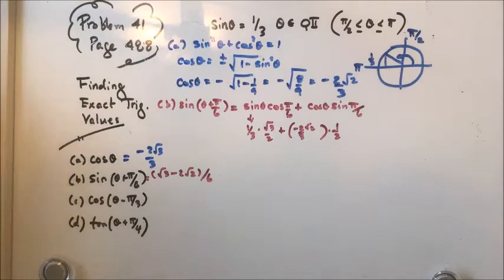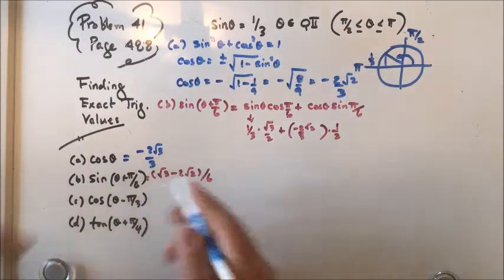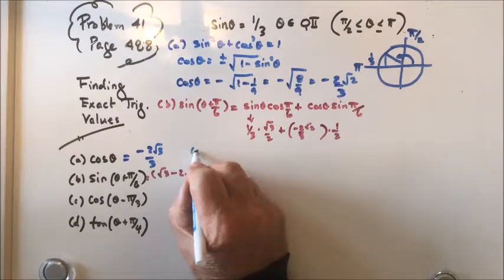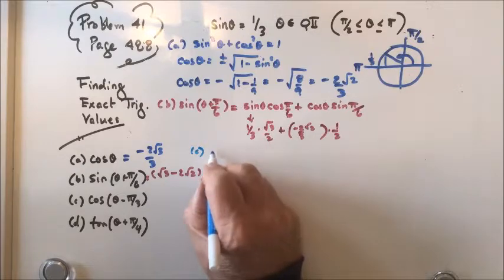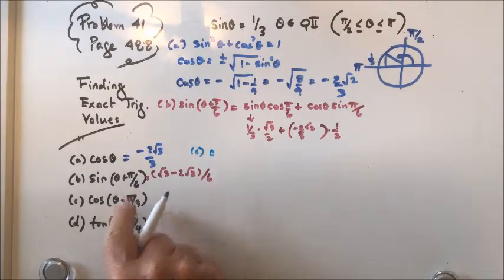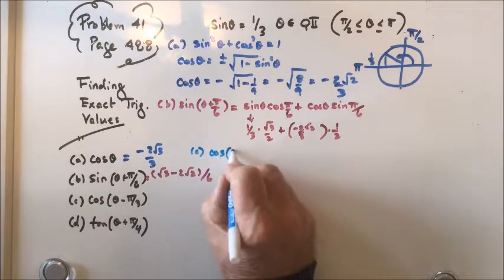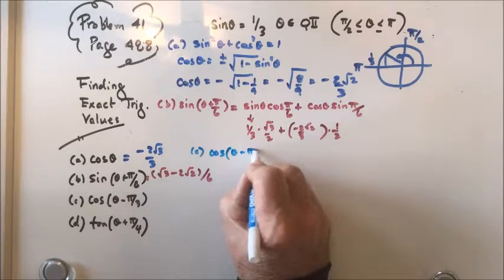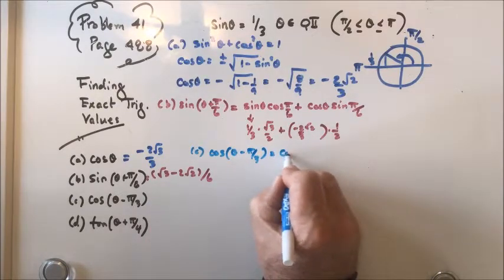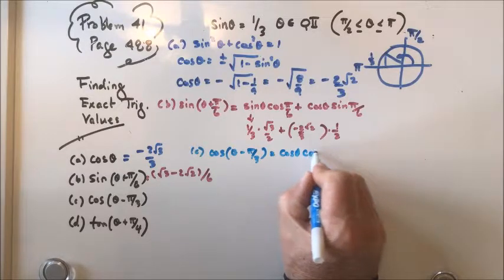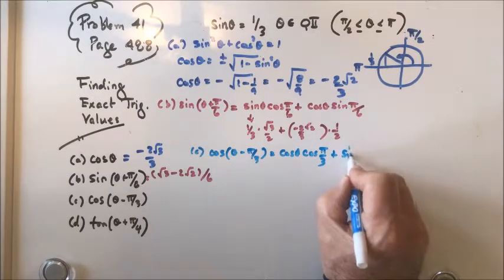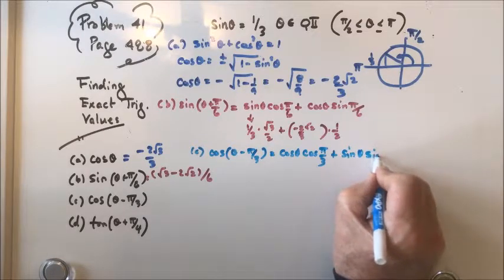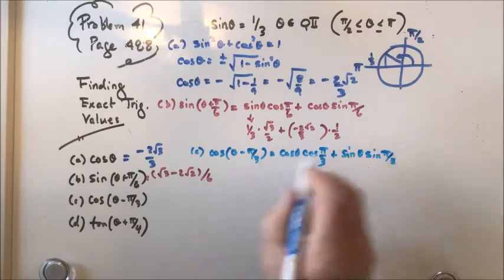Great, halfway through. Catch your breath. Let's move on. Here comes C. Same thing. Go to the shelf, get the difference of cosines. Here it comes at you like a Gatling gun. Cosine of theta minus pi over 3 is the cosine of theta times the cosine of pi over 3. The minus gives you a plus sine of theta sine of pi over 3. Put them in.